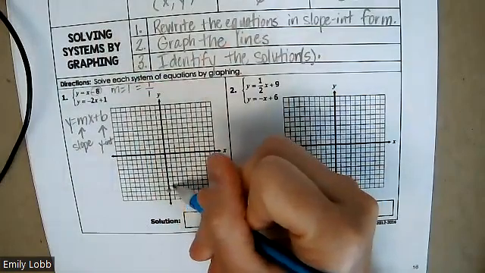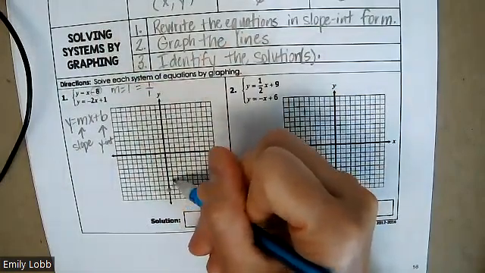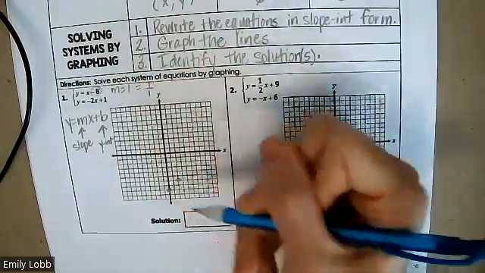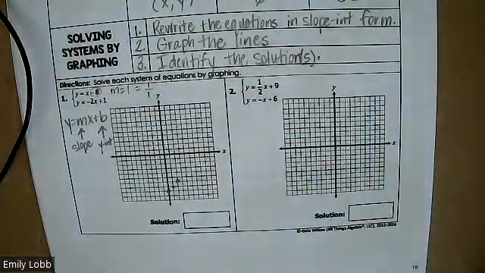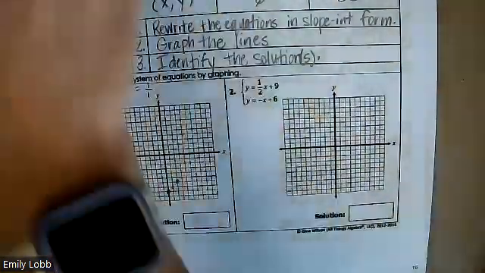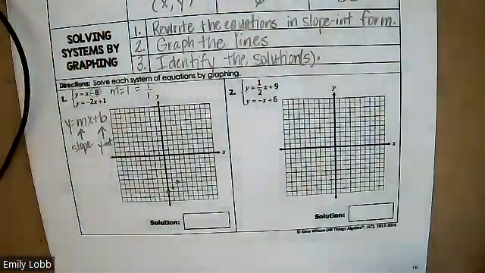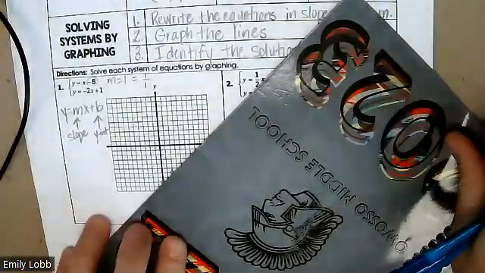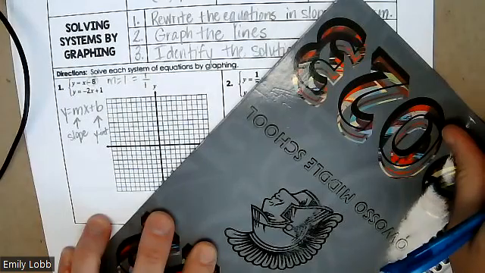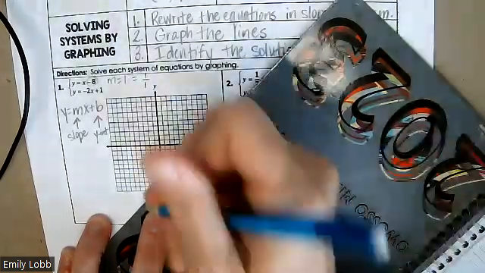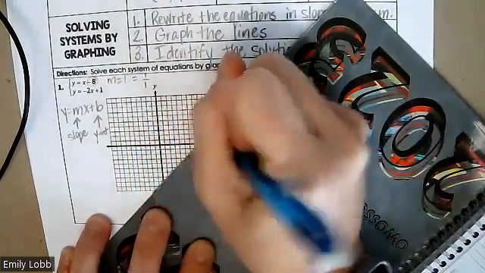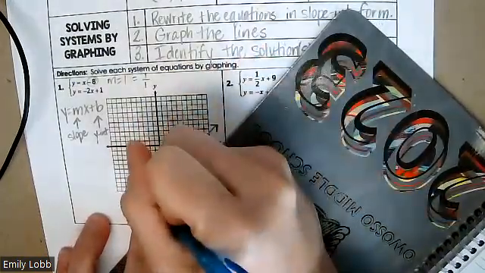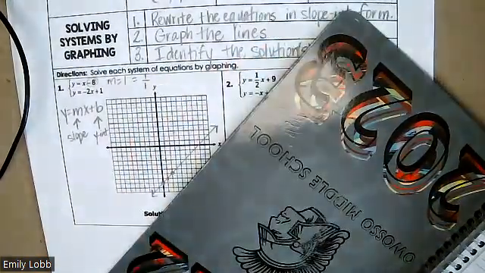So I'm going up 1 over 1, up 1 over 1, right? And then I have to use a straight edge like your planner or something. You do want to be accurate in these lines.